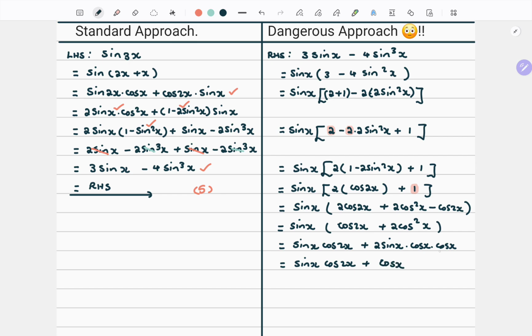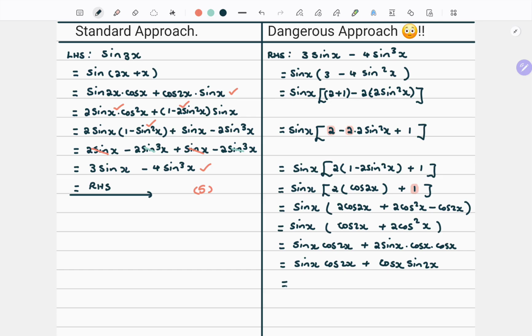So we write the cos x, which is this one that survives. Then the 2 sine x cos x is going to be just the same as sine 2x. So this is using identities.